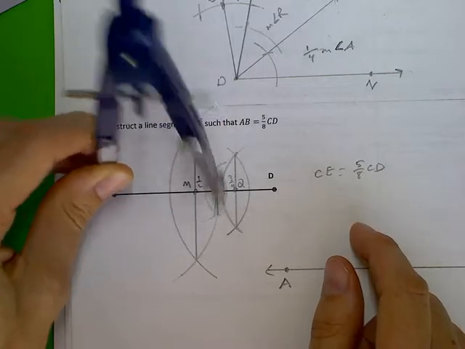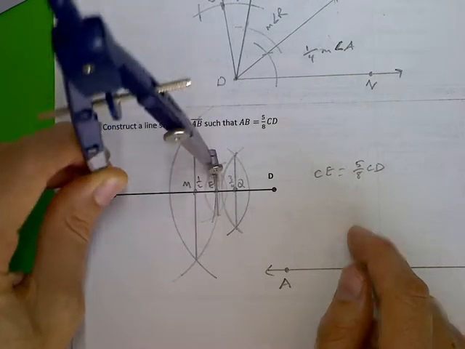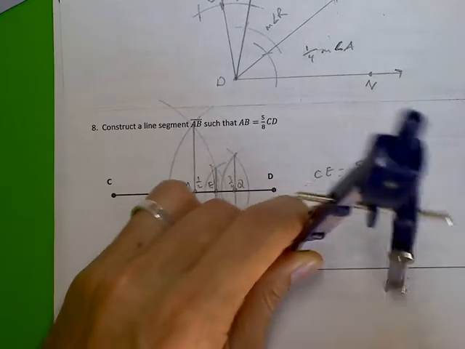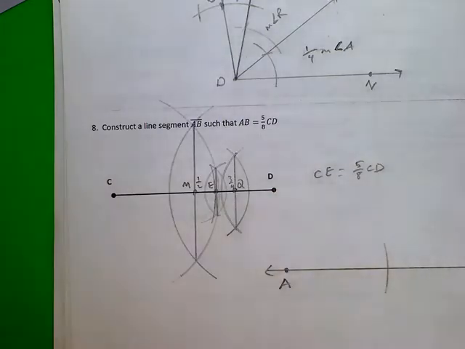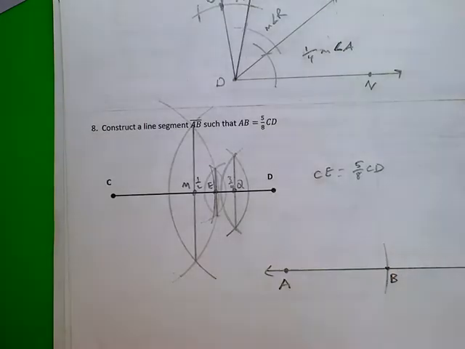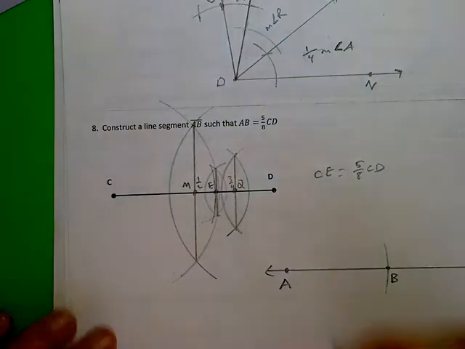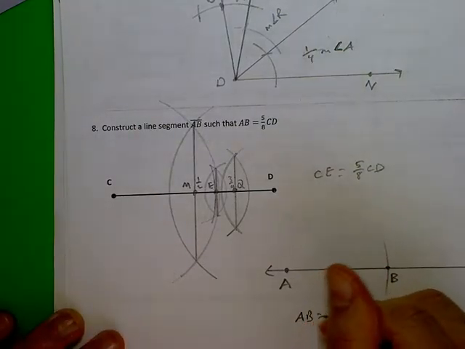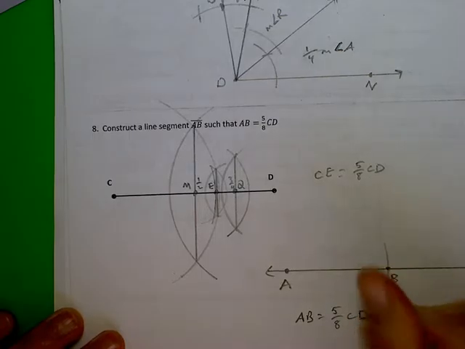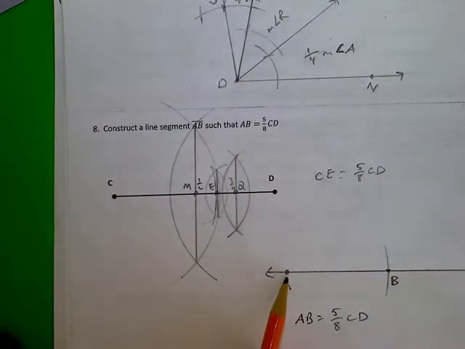So to do that, I'm going to use my compass right there. Make a mark of the same length. And where that arc crosses this line, I'm going to call that B. So this line segment, AB, has a measure that is 5/8 the measure of CD, which is what I want. So here's my line segment AB.